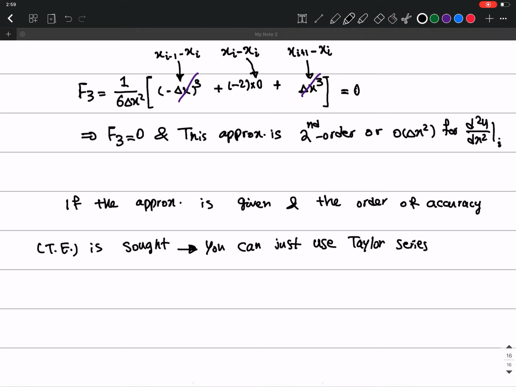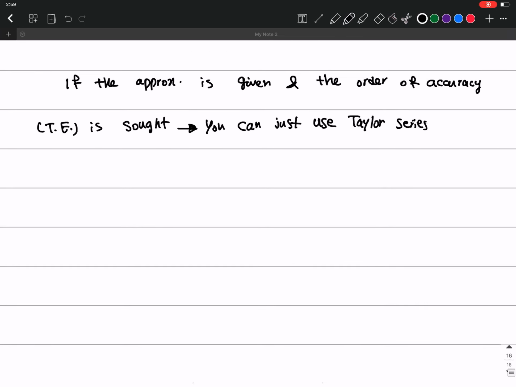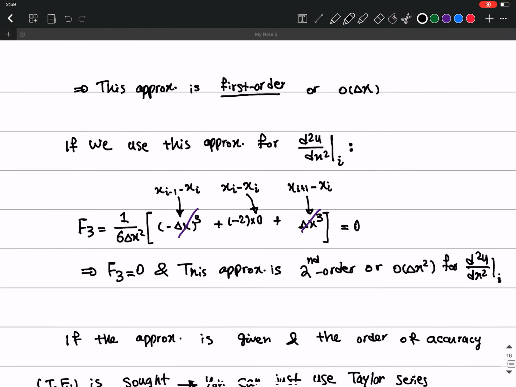Okay, so now I want to introduce some standard finite difference approximations.